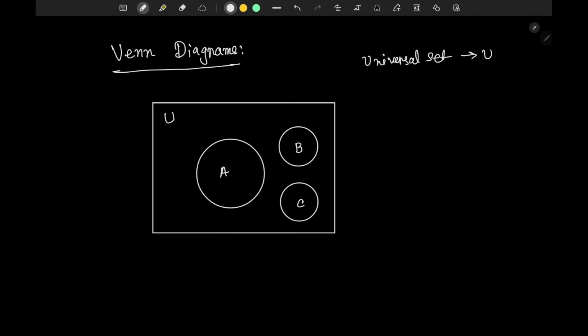So the universal set is U, which is this whole rectangle.